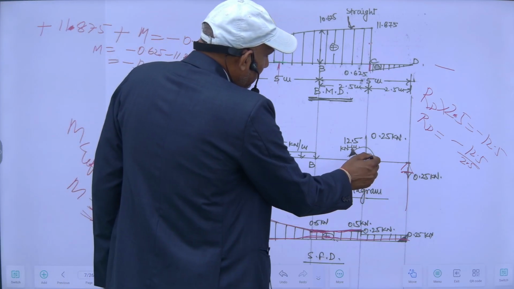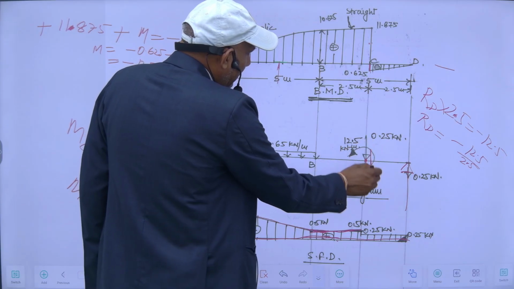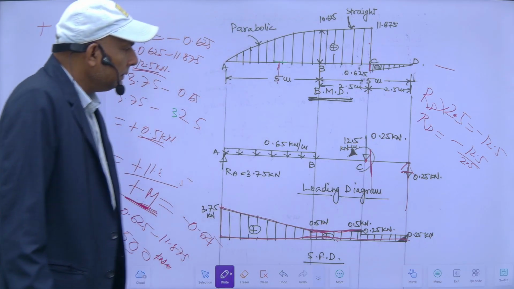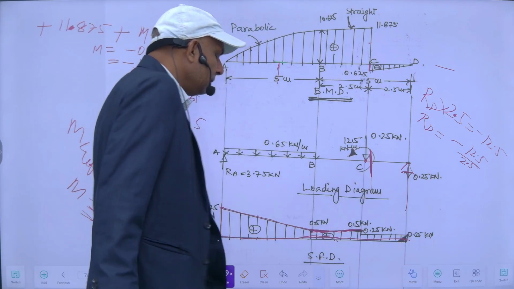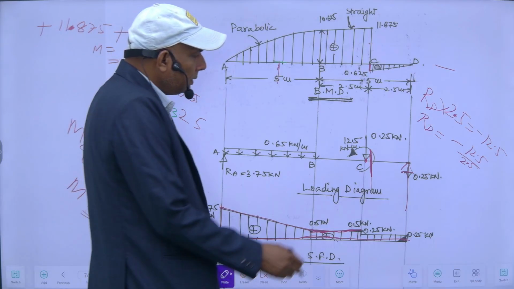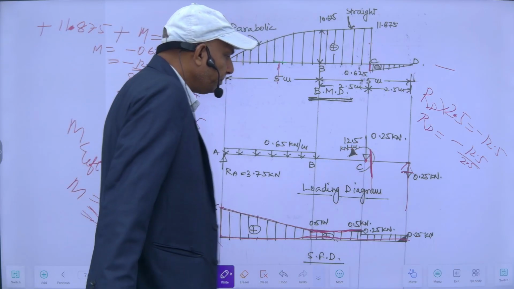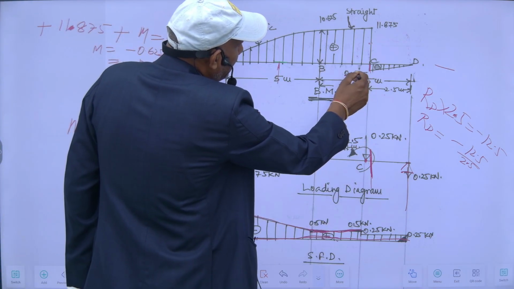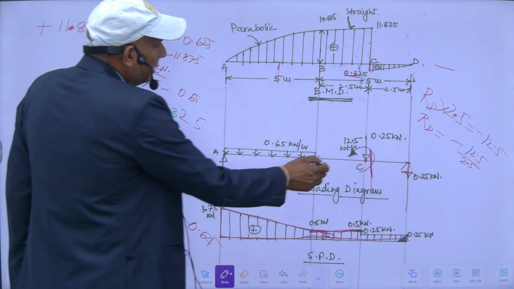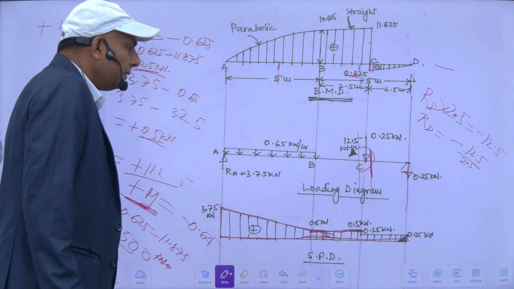So just on the right side, my moment will be different. So if I see my moment here, on the right side it is 0.625. It is not this. This is on the left side. On the left side it is this.